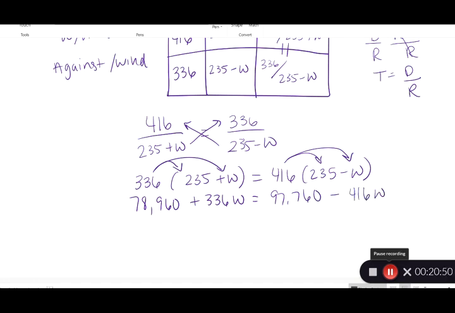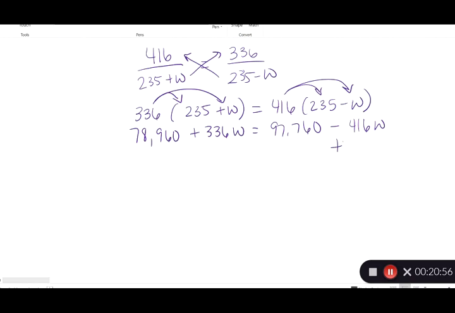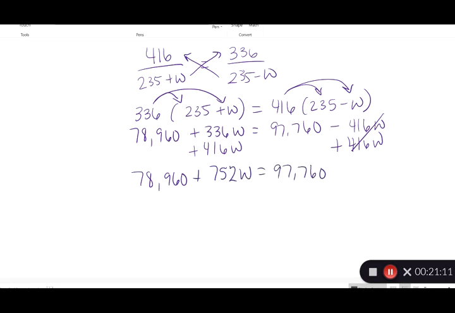Now I want to solve for w, my wind speed. I'm going to add 416w to both sides, which gives me a positive w. It would work out either way you solved it. It's just a personal preference. So I have 78,960 plus 752w equals 97,760. Subtract 78,960.